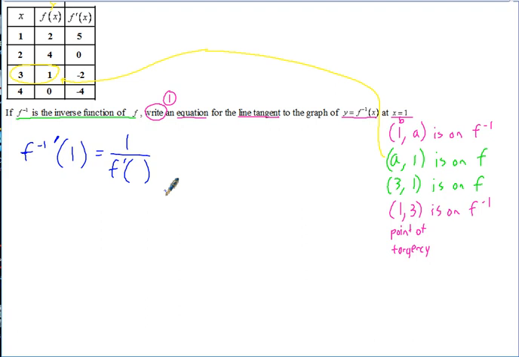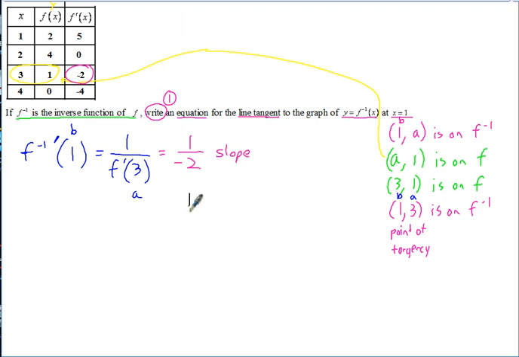Yes, we do. Here's b, here's a. Remember, a we figured out is 3. So we just need f prime of 3. Well, 1 over, what's f prime of 3? If we look at our table, when x is 3, f prime is negative 2. So negative 1/2 is the slope of our tangent line.